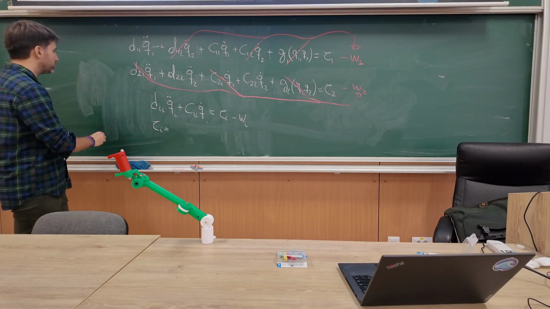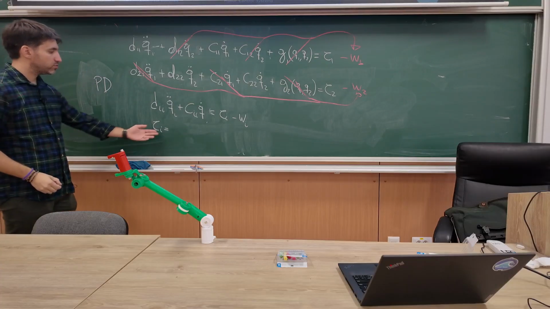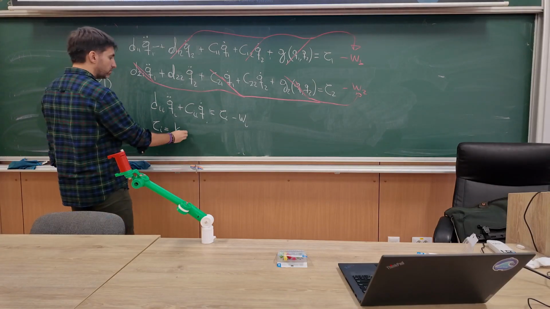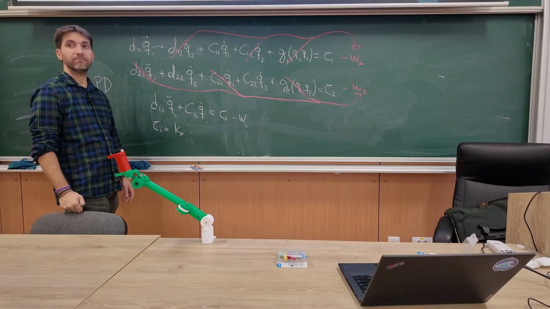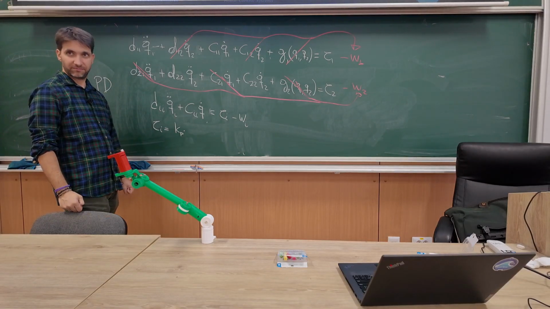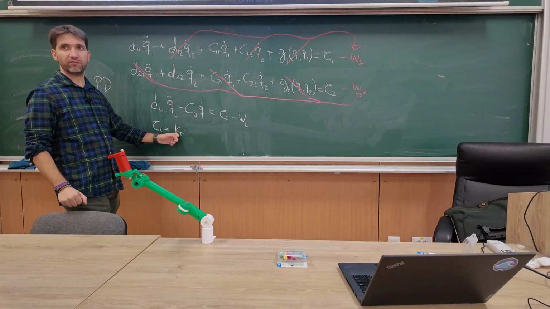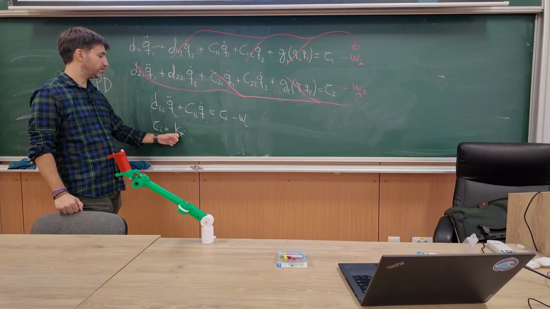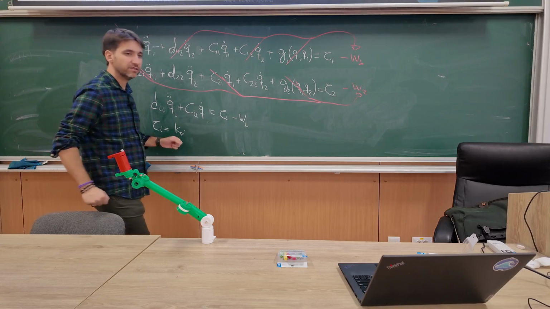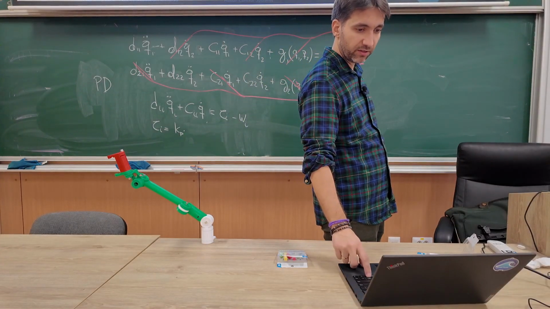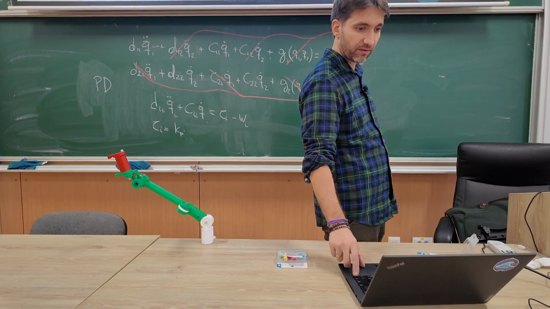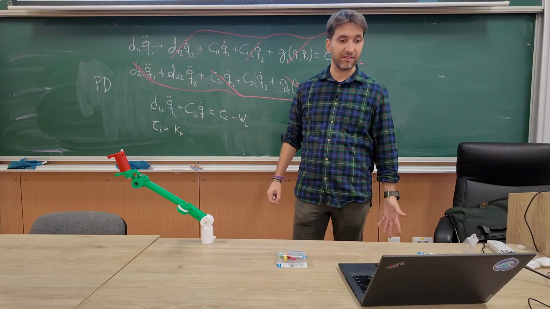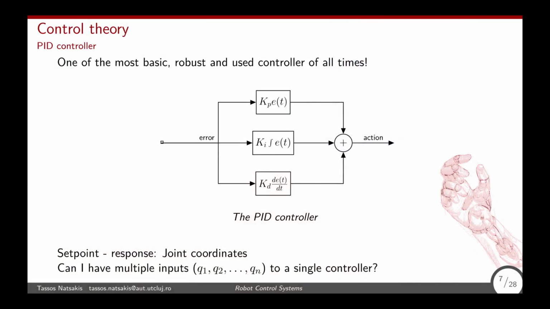If I say I have a PD controller, proportional derivative, then this would be a proportional gain kp times the error.